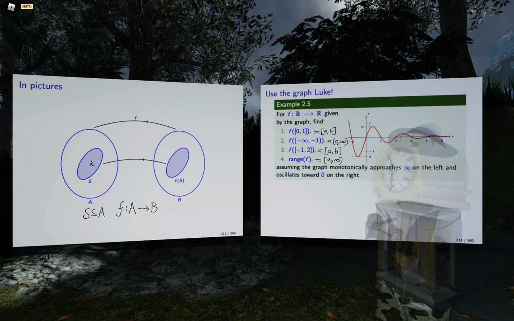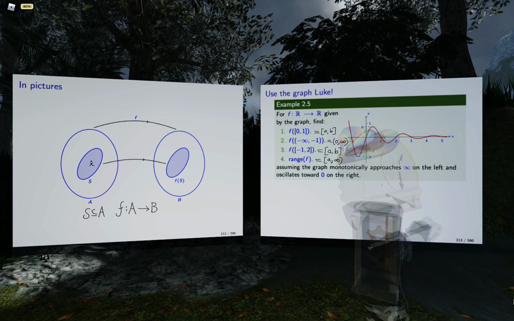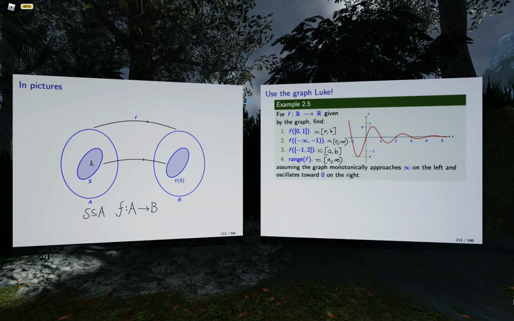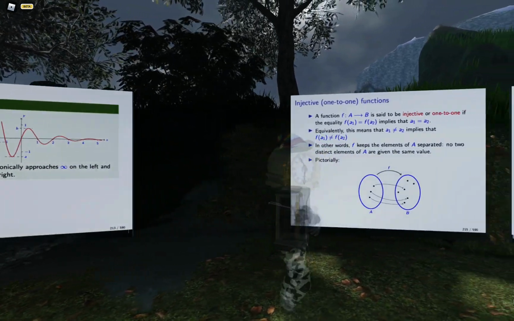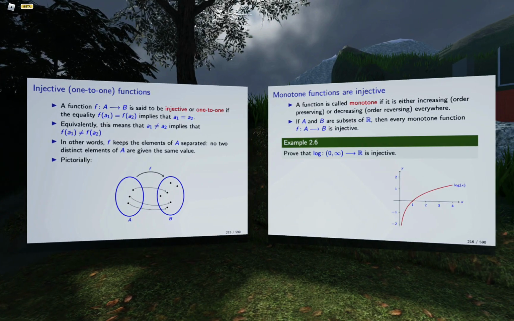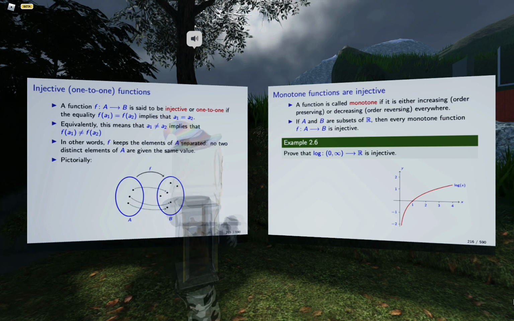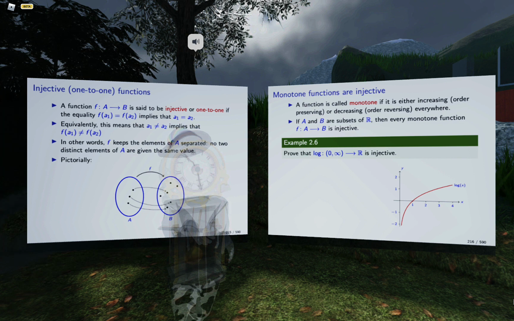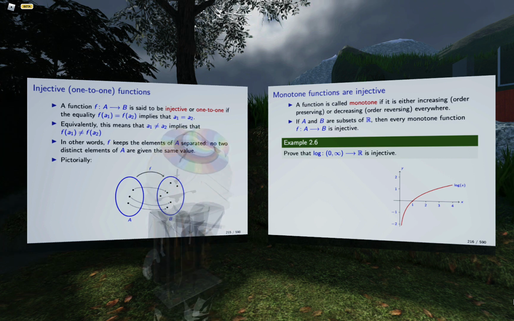All right. So there are 3 important properties of functions that we're going to discuss. The first one is injectivity, and then we're going to talk about surjectivity and bijectivity.